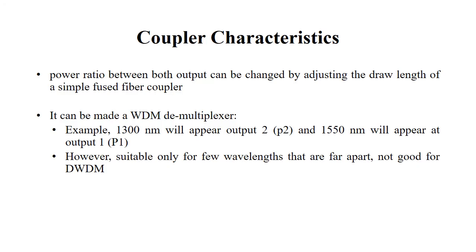So the next one is coupler characteristics. The power ratio between both the outputs can be changed by adjusting the draw length of the simple fused fiber coupler. So it can be made a DWDM demultiplexer. For example, 1300 nanometer will appear at output 2 and 1550 will appear at output 1. However, it is suitable only for a few wavelengths that are far apart and not good for DWDM.